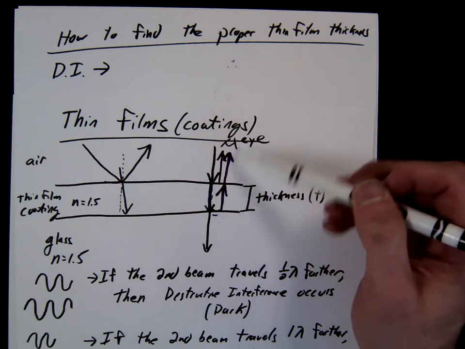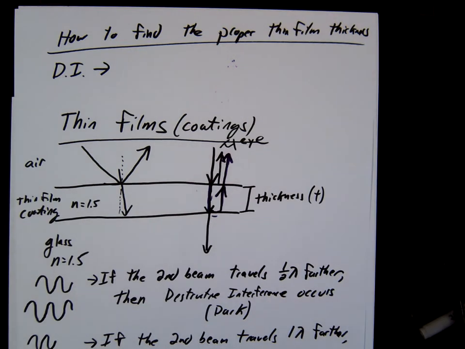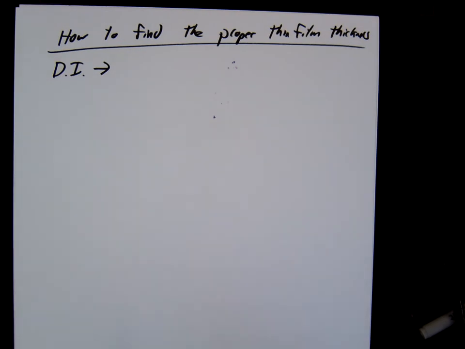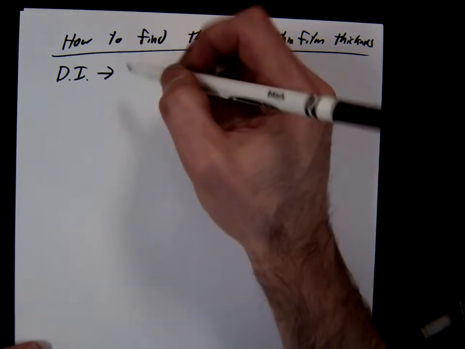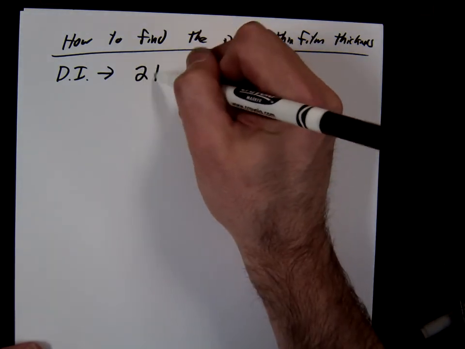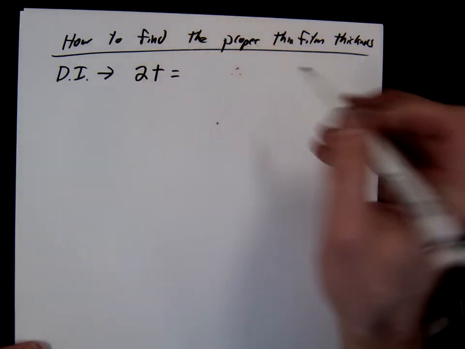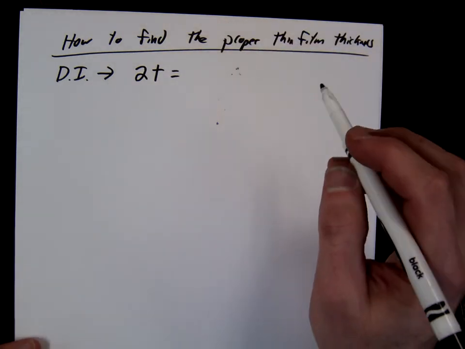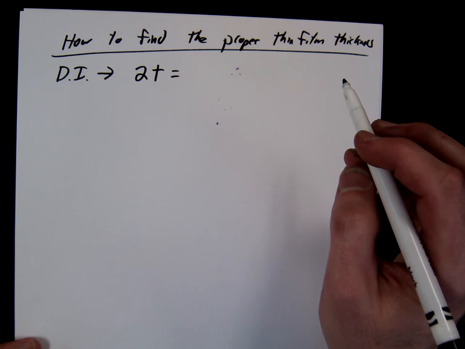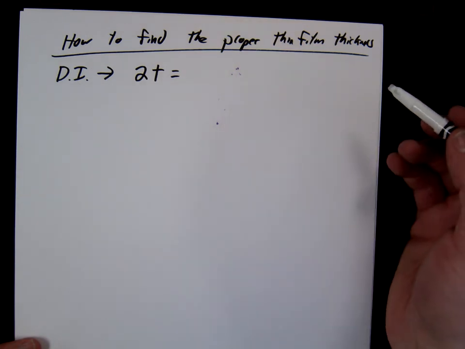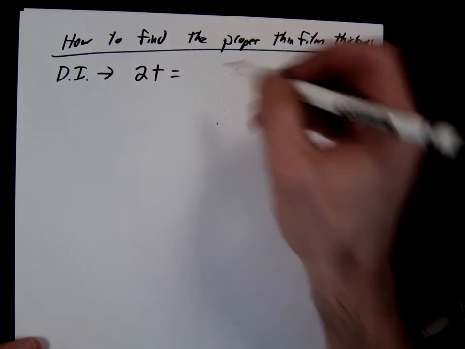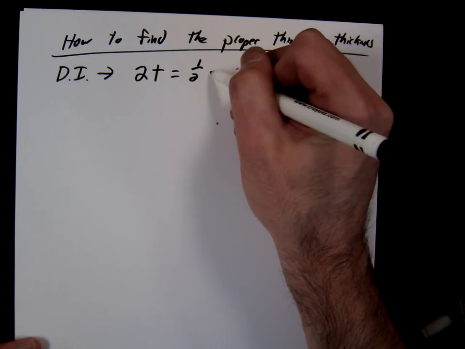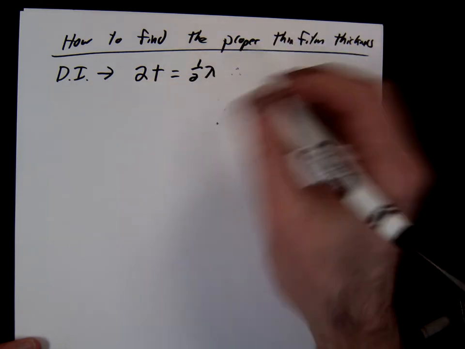So the total distance it travels is 2t. So for destructive interference, I would want 2t to be equal to what? What should the path difference be? 1/2 of a wavelength, right? For destructive interference, you want that path difference to be 1/2.